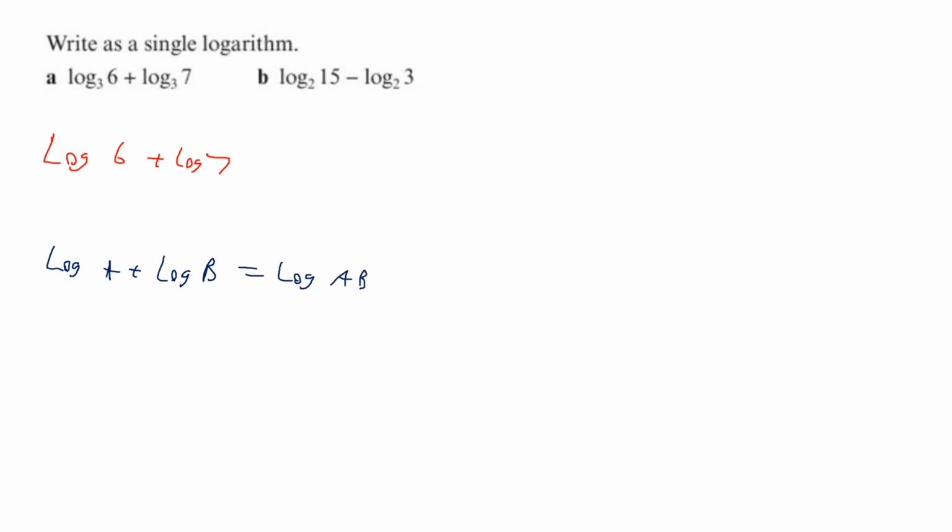Remember that? Well, we can use that to our advantage here. This is the same as log base 3 of 6 times 7, which is the same as log base 3 of 42. All right? So it's just using those log rules from before.